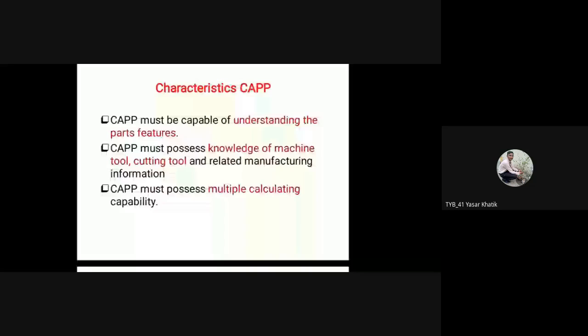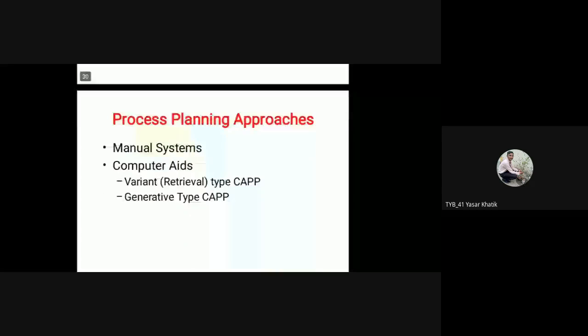We have seen that there are two important types of CAPP: one is the manual system and the second is the computer system. In the computer system there are again two types: one is the variant, also called retrieval, and the second is the generative type. First we have seen the variant type, which uses the existing plans in our database.